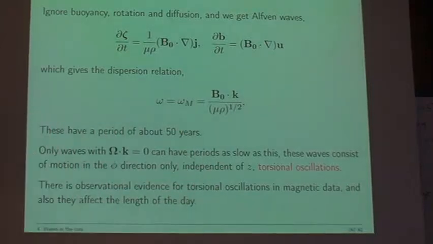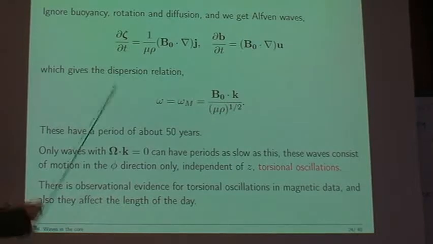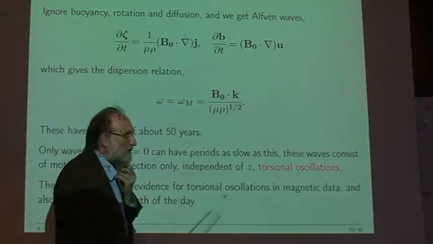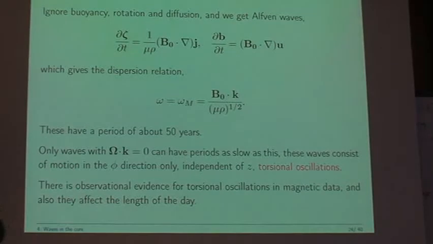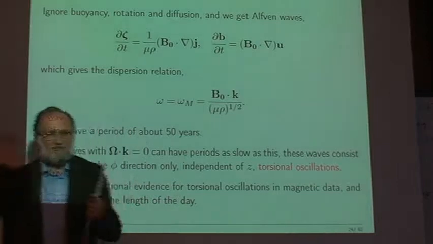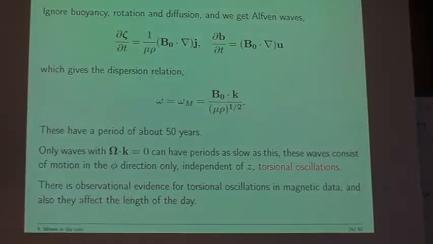Because the good news is that these torsional waves are seen in the Earth. If you look at geomagnetic data, there's definite evidence that these things are actually happening, and people have actually plotted these. This is a very active area of research, to try and model these torsional oscillations and develop a picture of what's actually happening in the Earth's core, and possibly manage to work out what the magnetic field is by looking at the periods of these torsional oscillations.